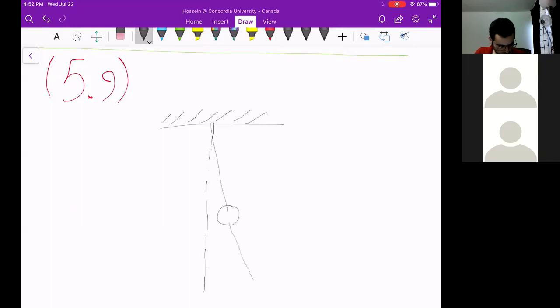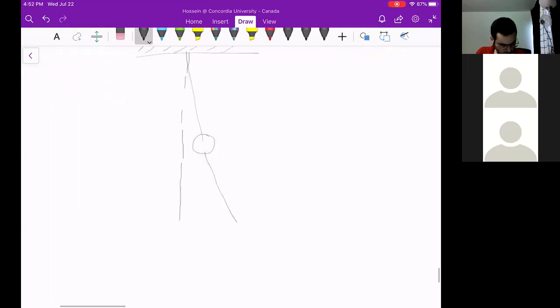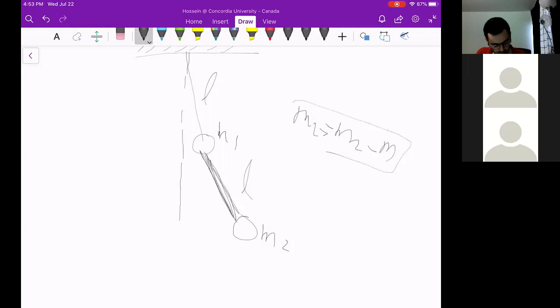Mass 1 and mass 2, M1, M2, L, where M1 is going to be equal to M2, like M. These are the same mass.